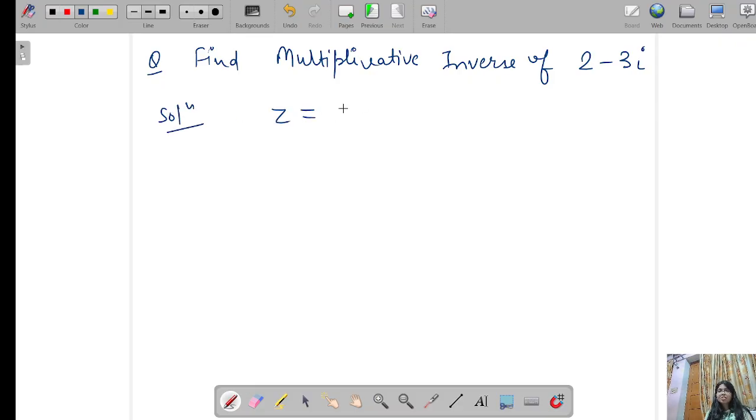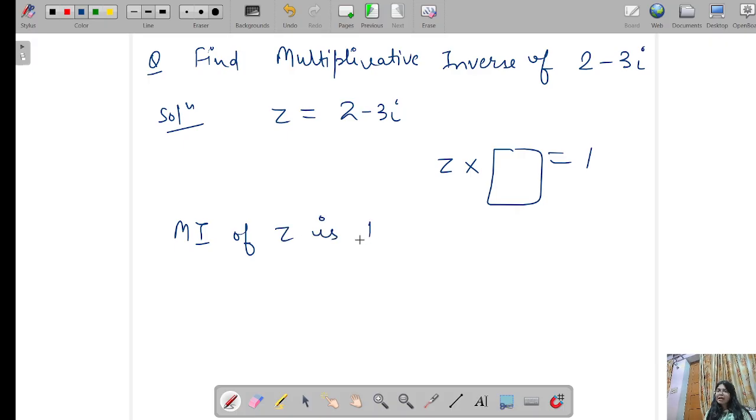To find the multiplicative inverse of this, whom to multiply z with to get 1? Obviously 1 by z. So the multiplicative inverse of z is 1 by z. So here the multiplicative inverse of 2 minus 3 iota is 1 upon 2 minus 3 iota.